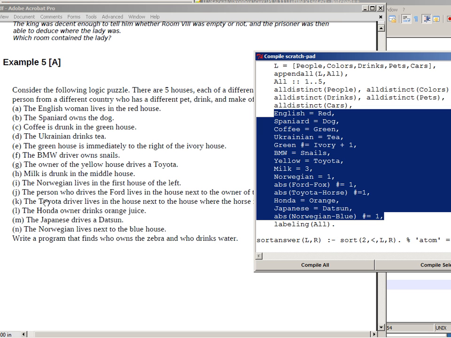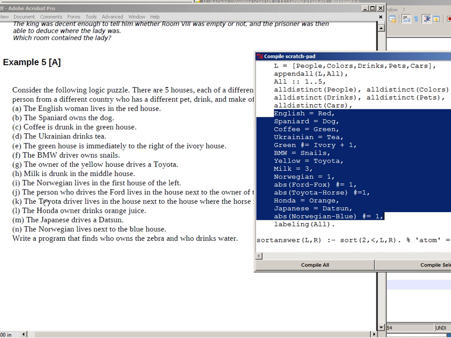Think of how you would write this in C or in Java or in Python or even in Haskell. I would guess 100, 150 lines. Okay?